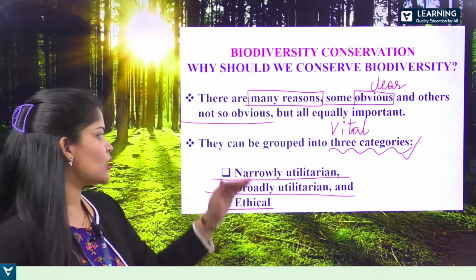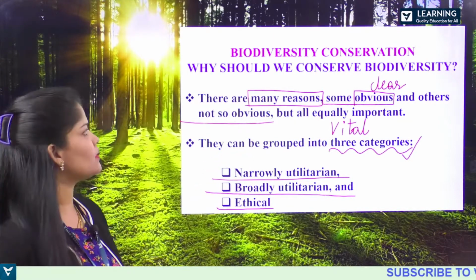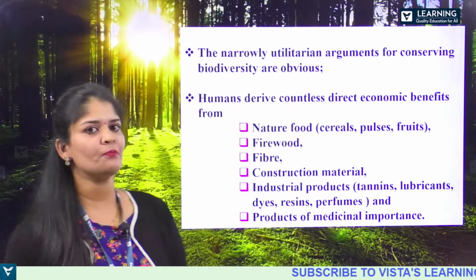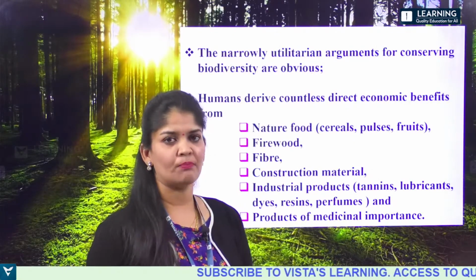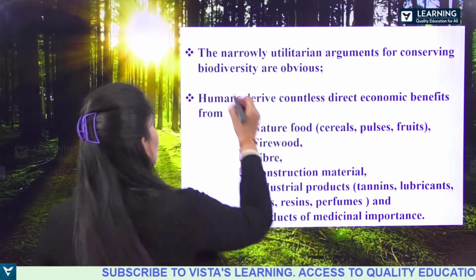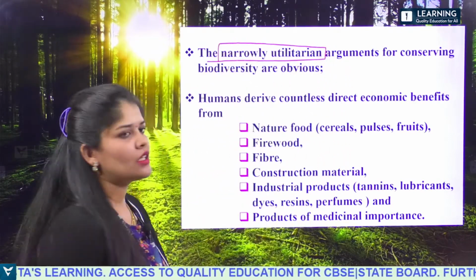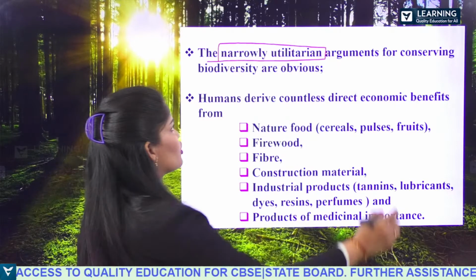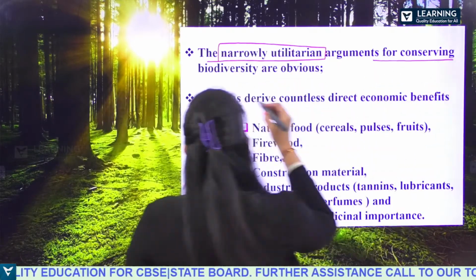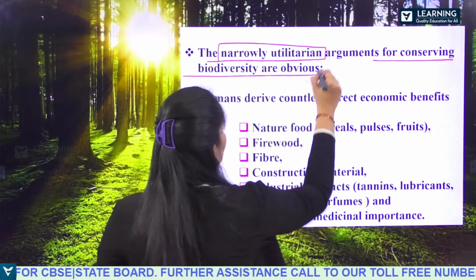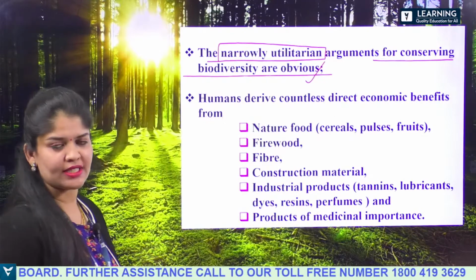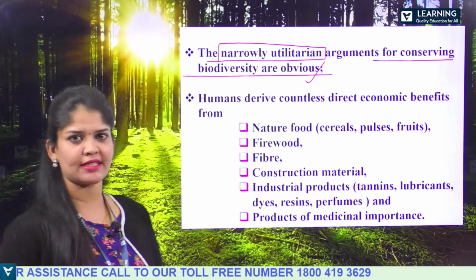Let's discuss them one after the other, right? The first reason we mentioned is the narrowly utilitarian argument. This argument for conserving biodiversity is of the obvious type, very clear to understand.